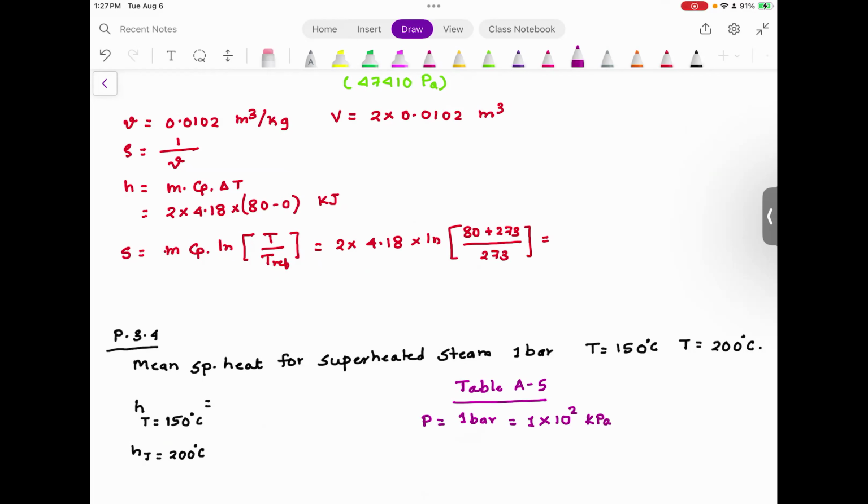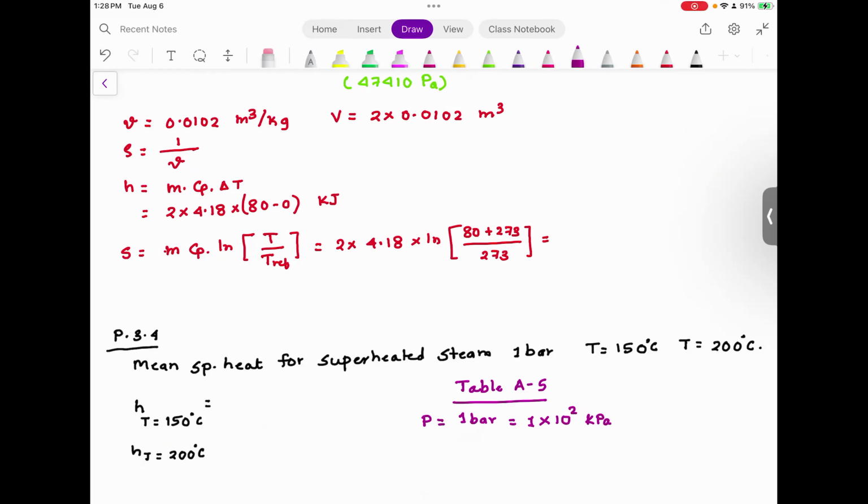So I want you to locate 100 kilopascals. 100 kilopascals is 1 bar. 1 bar is atmospheric pressure. Do you agree with me? 1 bar is atmospheric pressure.